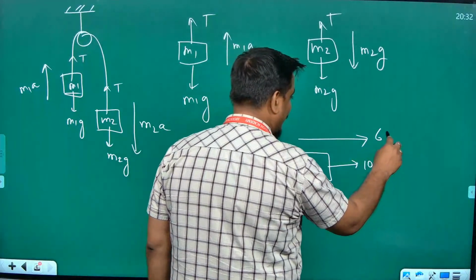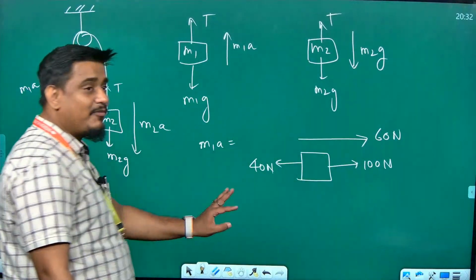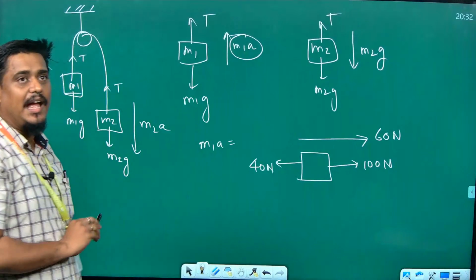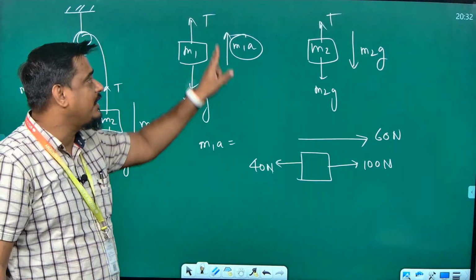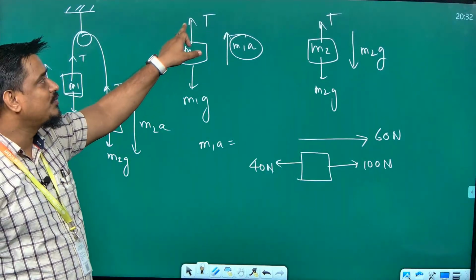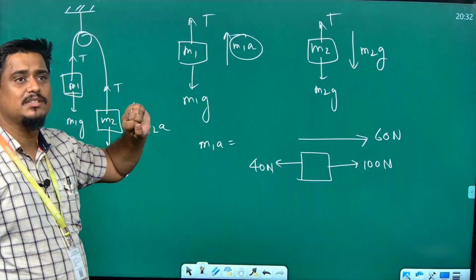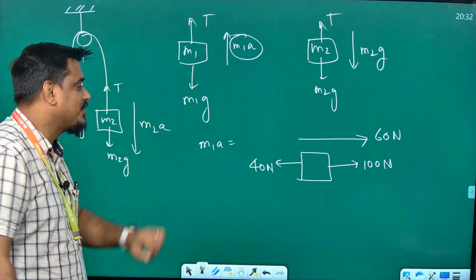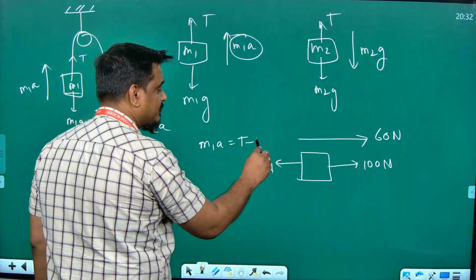Same way here, net force is M1A. Since net force is acting in the upward direction, the upward force must be more than the downward force. So the net force will be T minus M1G. Are you getting my point? Yes, sir.